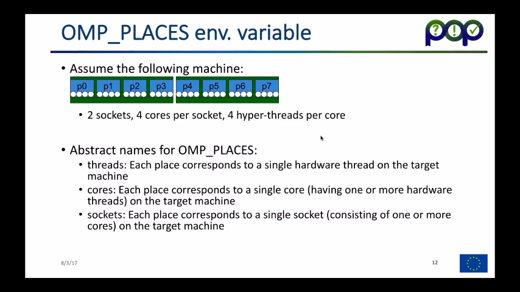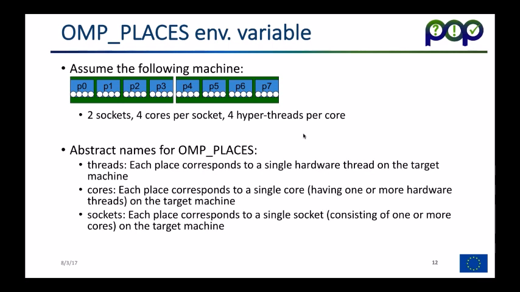So what is a place exactly? I have another example architecture here. The 2 green boxes are meant to represent 2 sockets. The 8 boxes are meant to represent 4 cores per socket, meaning 8 cores in total. And then the 4 white bubbles are so-called hyperthreads or logical threads.